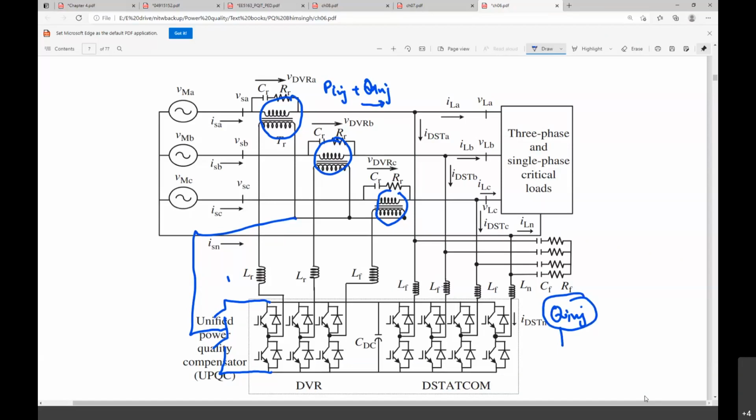When the DVR is compensating the voltage side, it tries to inject the real power as well as the reactive power. In that operation, they have to decrease the reactive power injection by the D-STATCOM in order to make the entire circuit balanced. People have not done that also.